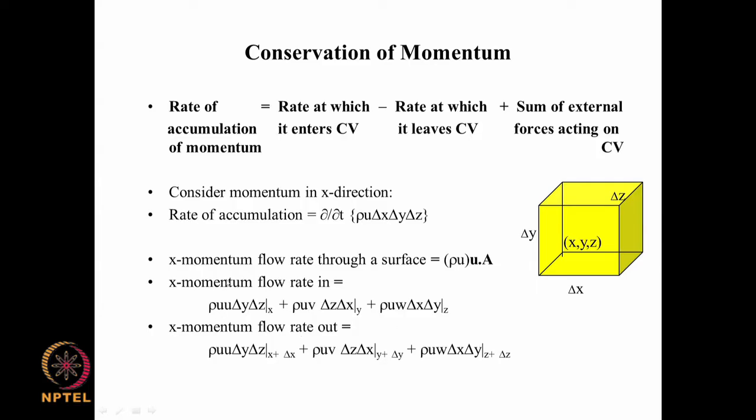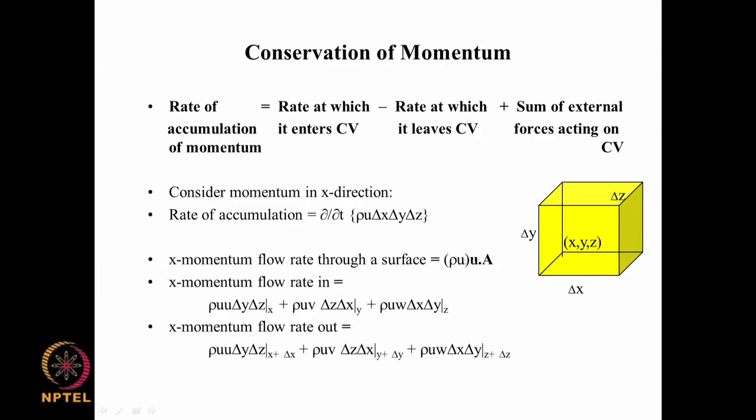So the rate at which x momentum is brought in by the fluid entering the control volume is equal to the rate at which fluid is coming times the x momentum that it possesses. That is what we have here. rho times u times A is the mass flow rate of the fluid, and it possesses the x momentum of u, the small u velocity component, and this describes the momentum flow rate being brought in by the fluid which is entering.